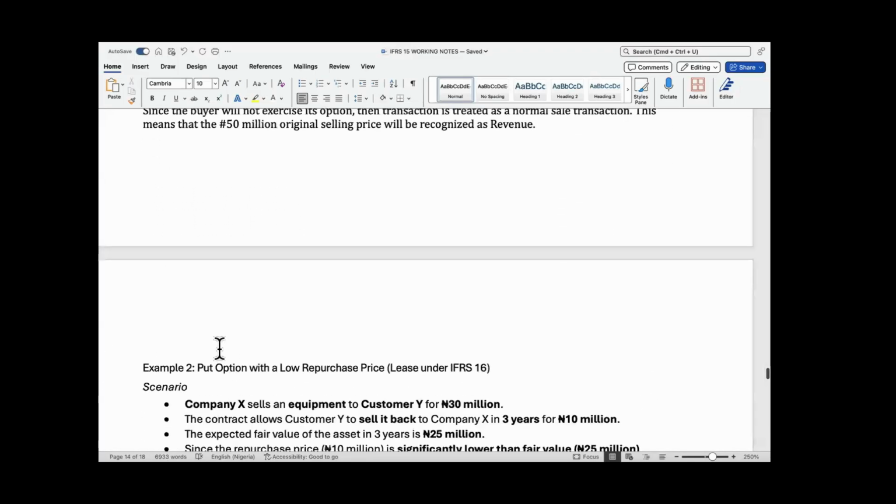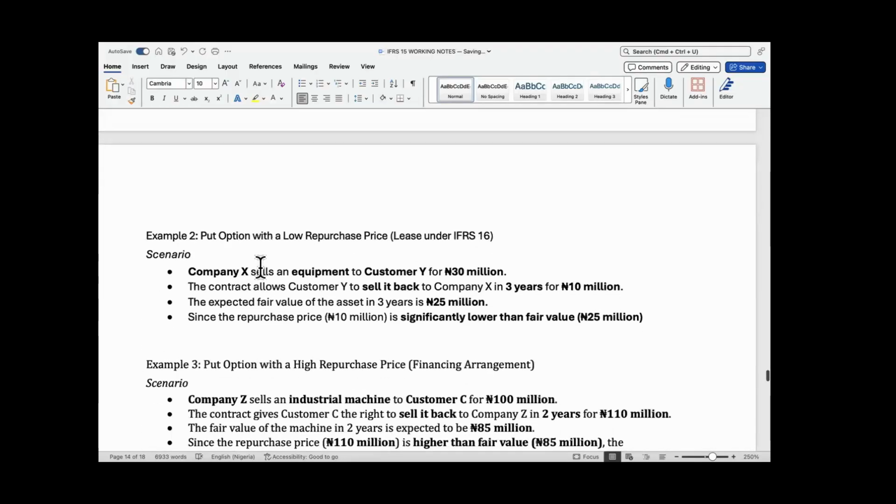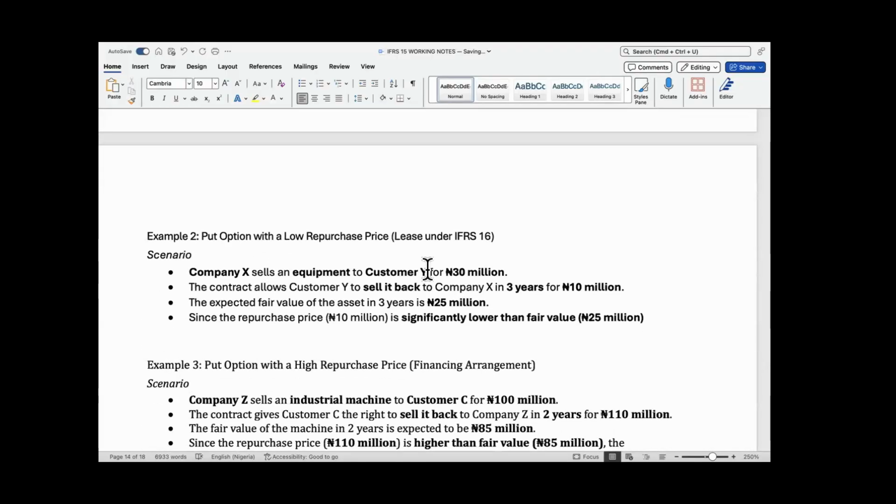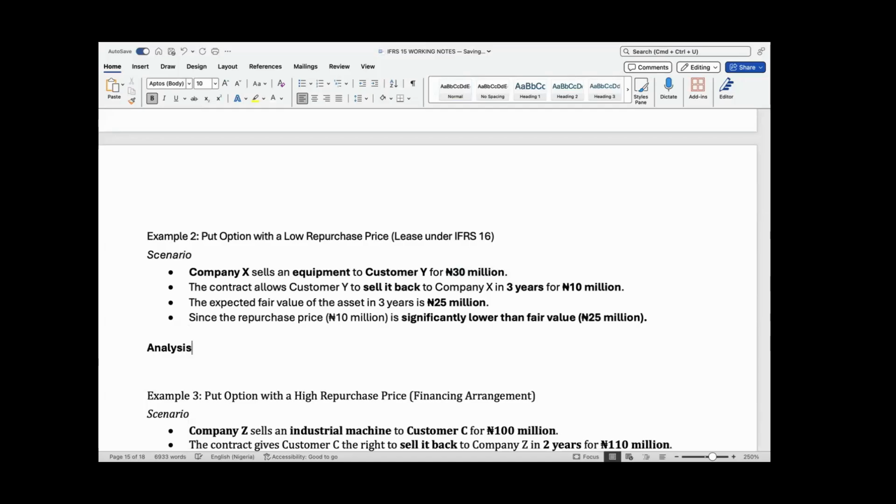Scenario B. Company X sells an equipment to customer Y for 30 million. The contract allows customer Y to sell it back to company X in 3 years for 10 million. The expected fair value in 3 years is 25 million. So in this case, since the purchase price is significantly lower than the fair value, how do we analyze this?